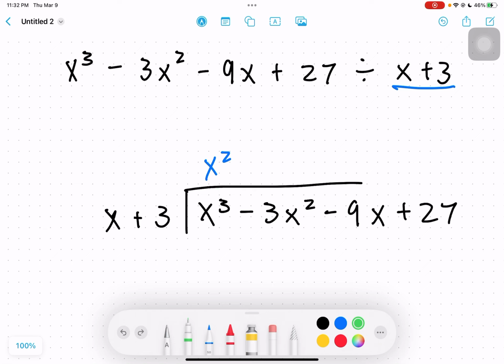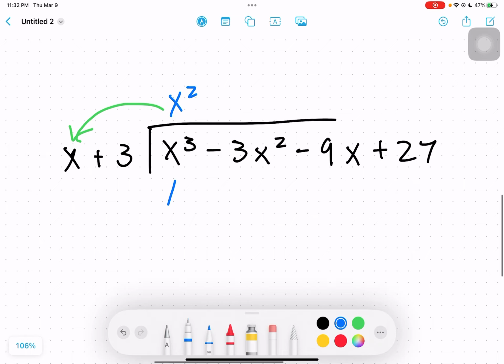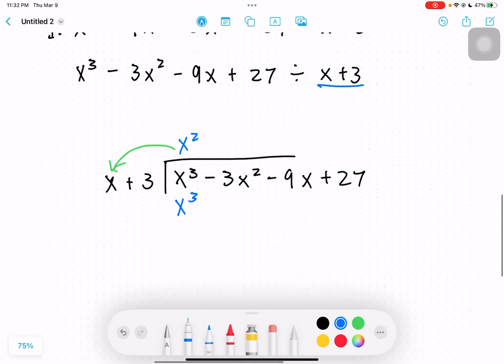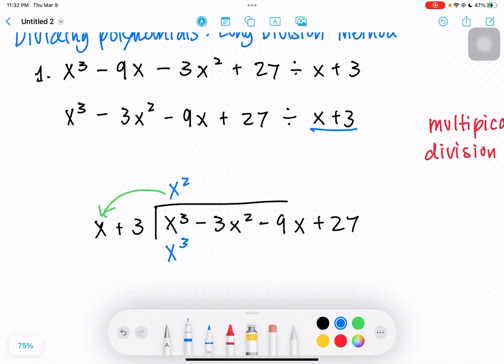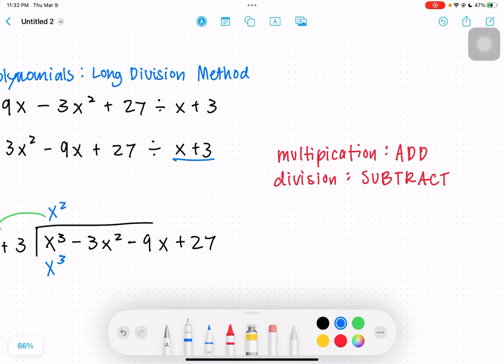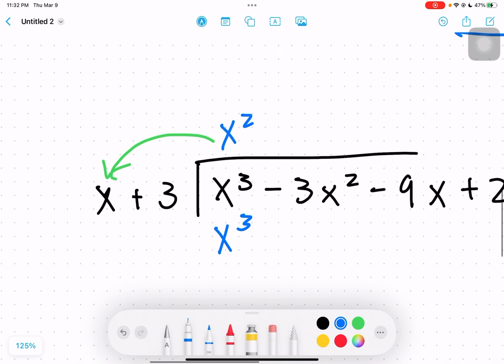Now what you do is multiply this and this and this. First you multiply these two, so x squared times x is x cubed, because since you multiplied, we added: there's an invisible 1 here, 2 plus 1 is 3, so x cubed.